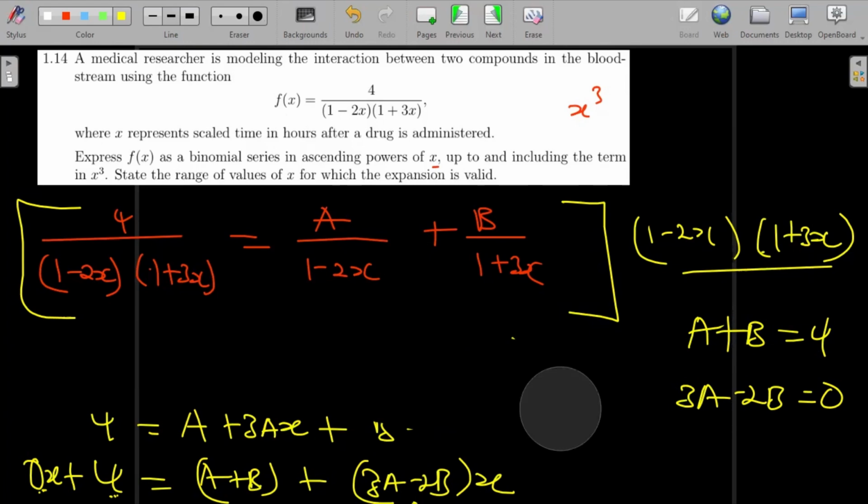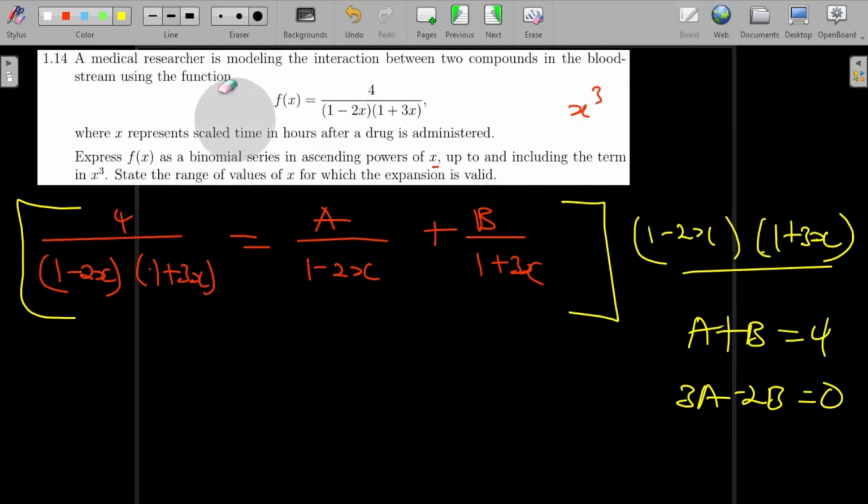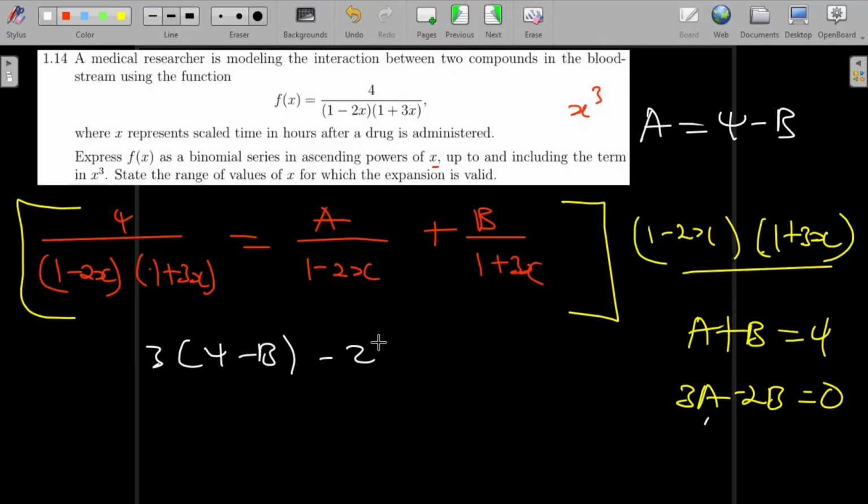Okay, so now let's find the values of A and B to resolve these into partial fractions. So A is equal to 4 minus B. Wherever there's A here, we put 4 minus B. So it will be 3 times (4 minus B) minus 2B is equal to 0. So this will be 12 minus 3B minus 2B is equal to 0.